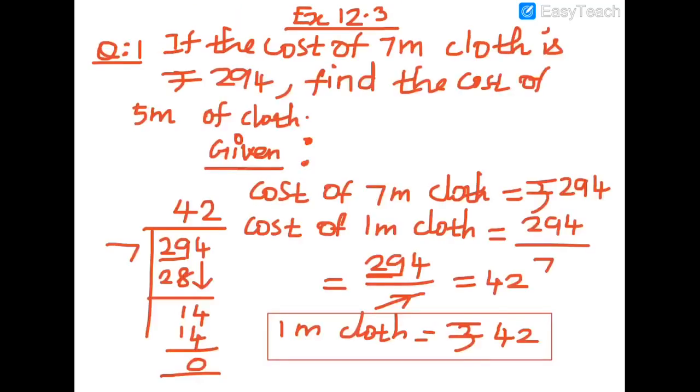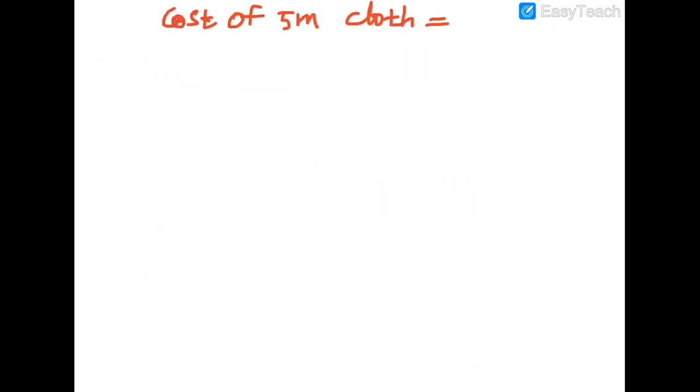What is the cost of 5 meter cloth? First we know that 1 meter cloth is 42 rupees. So 5 meter cloth means 5 into 42 rupees. Simply we have to multiply.